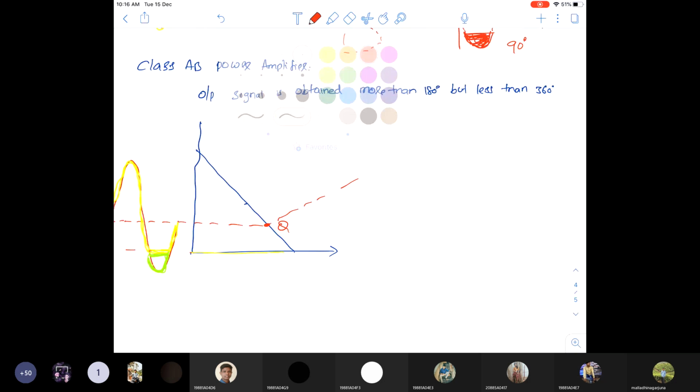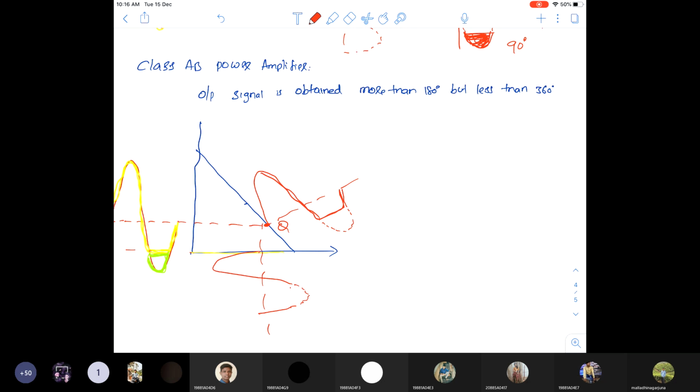This one you will get as a sine, and this portion will be processed. Similarly, this portion will be processed. So this is IC and VC.